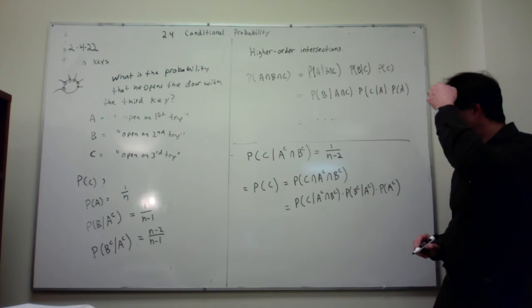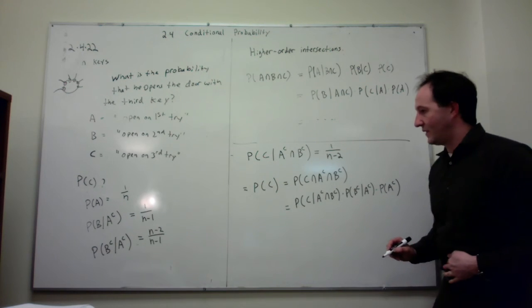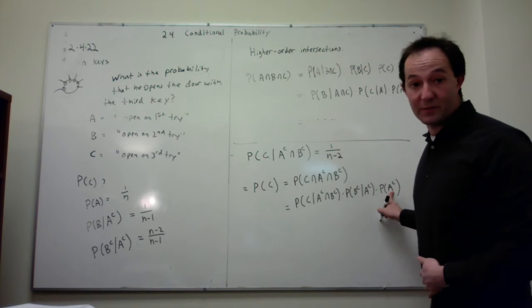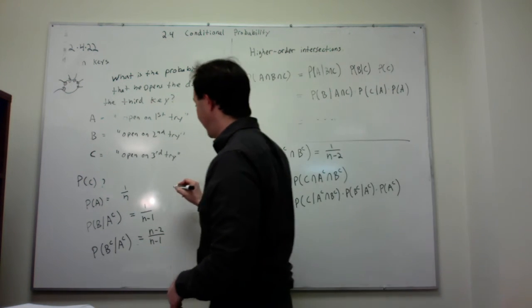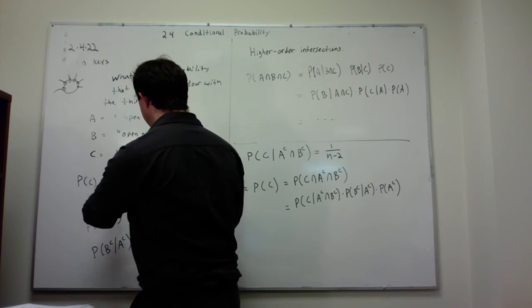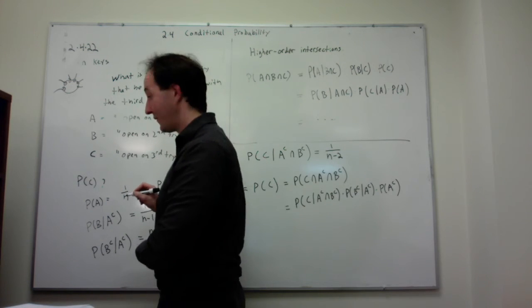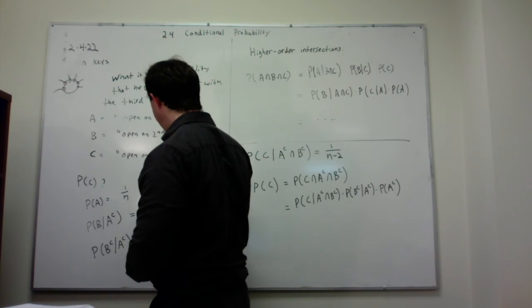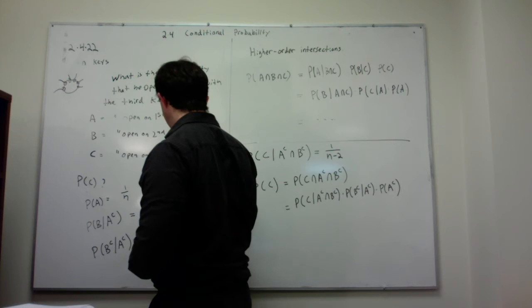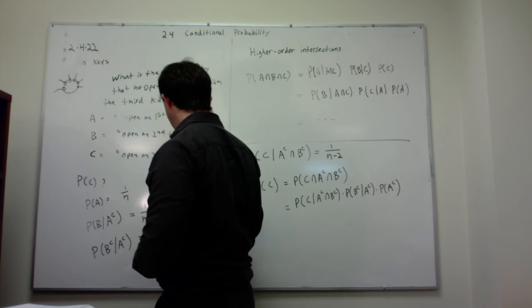We also need the probability of A complement, but that just follows: if the probability of A is 1 over n, then the probability of A complement is 1 minus 1 over n, which is n minus 1 over n.